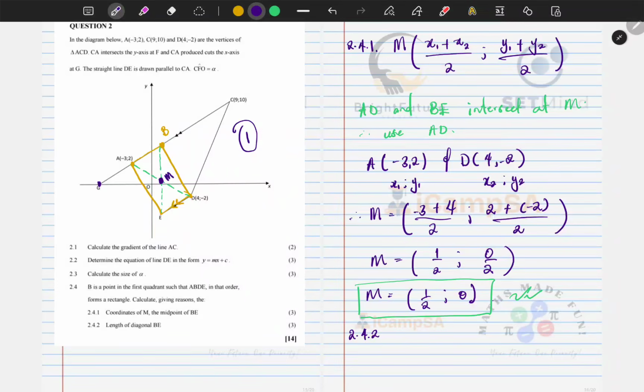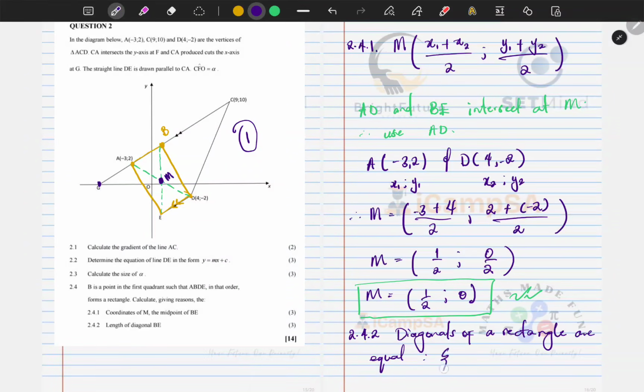Remember, we don't have the coordinates of B and E, but we have the coordinates of A and D. And what do we know about diagonals of a rectangle? The diagonals of a rectangle are equal.